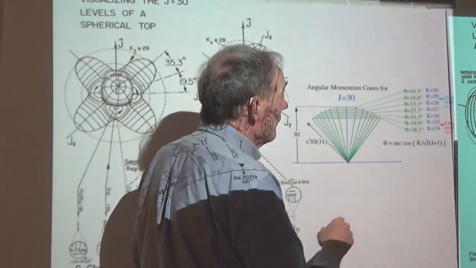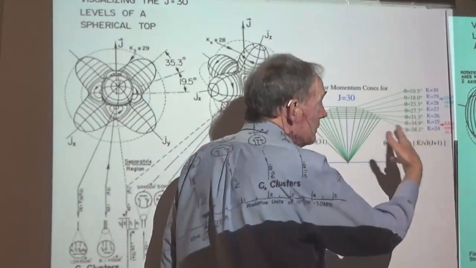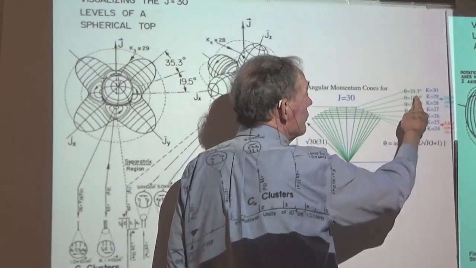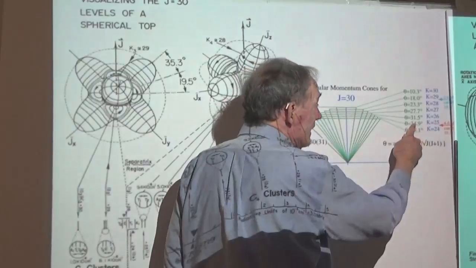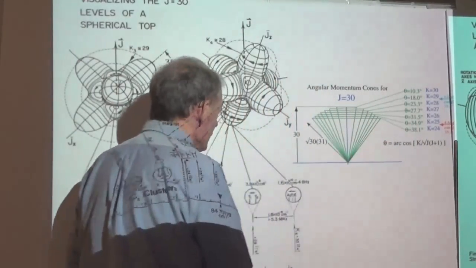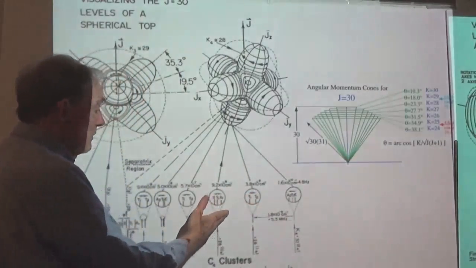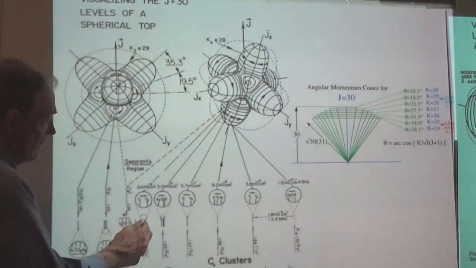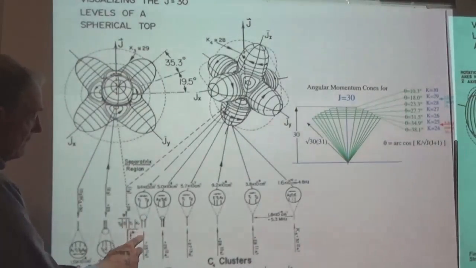Okay, that means we've got stable precession paths for 1, 2, 3, 4, 5, 6 of the cones. So the fourfold cones go 1, 2, 3, 4, 5, 6. It's already starting to come apart right there.